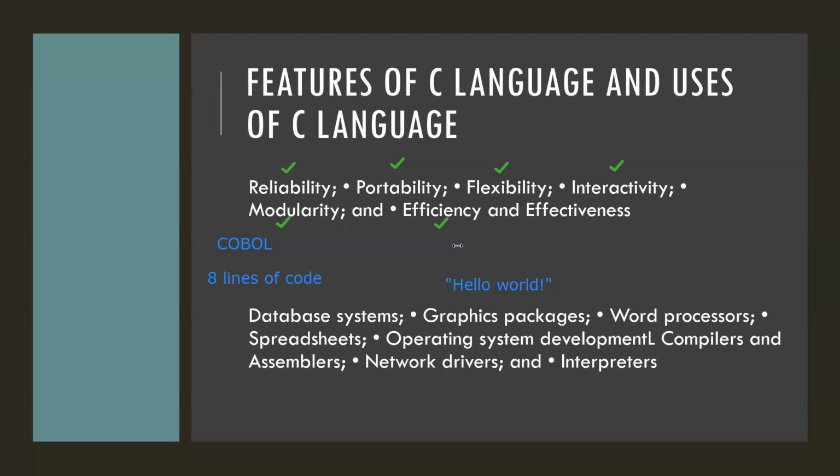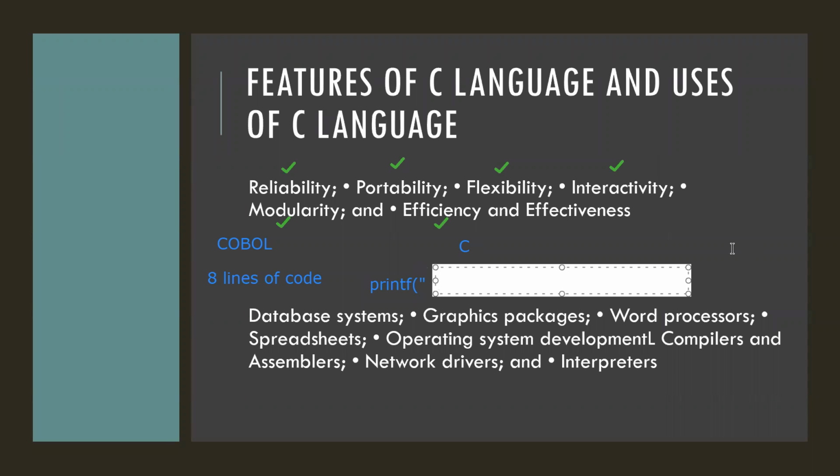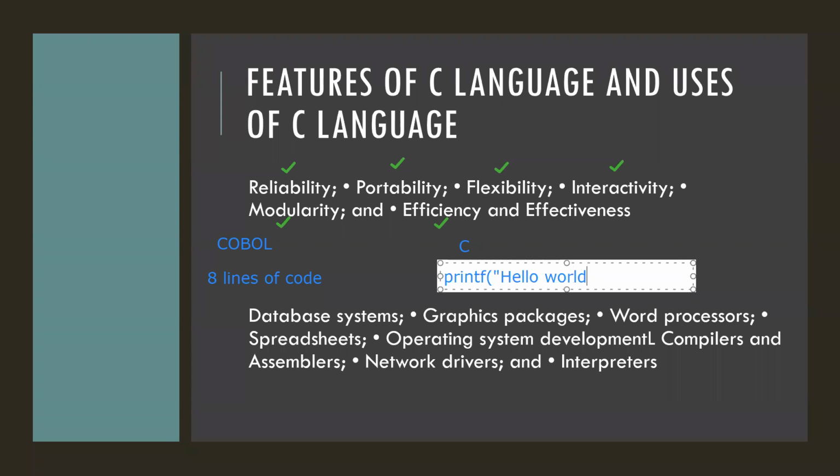While with the C language, you can just use one statement like printf, for example, and then you have hello world. That's one double quote only. So you can have this, for example, just one line of code will do, like printf, and then you have hello world. And of course, you have to end it with a terminator like semicolon.